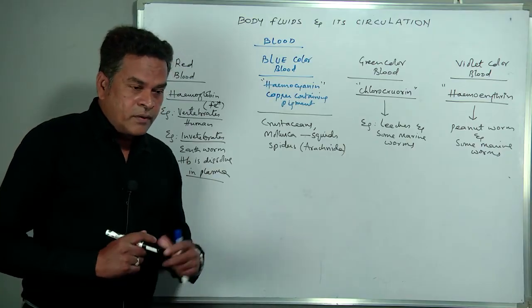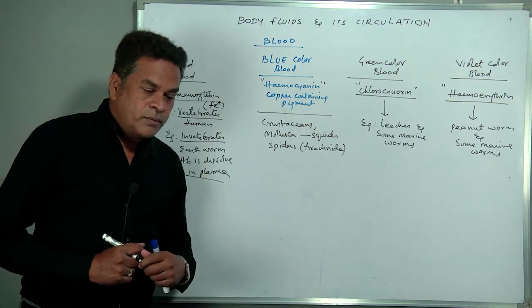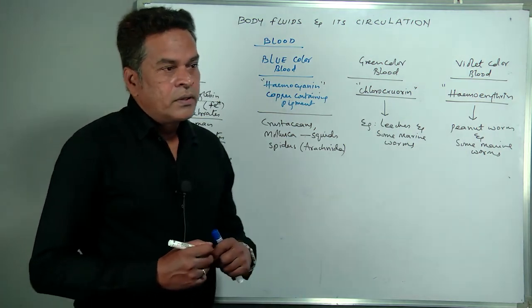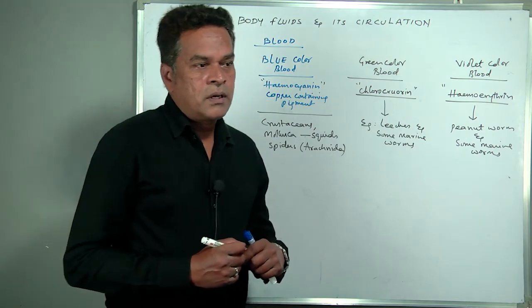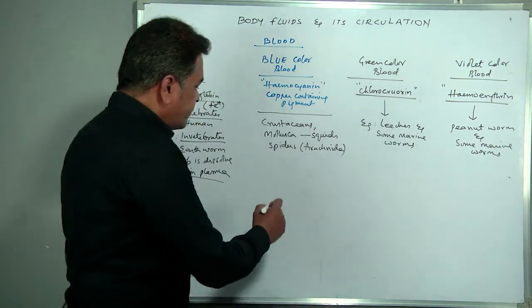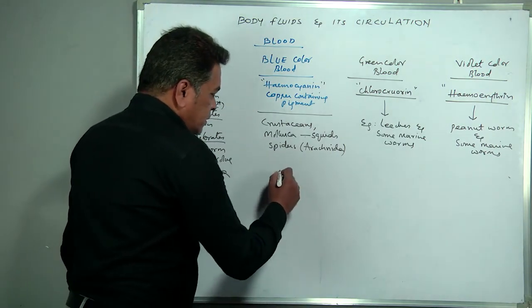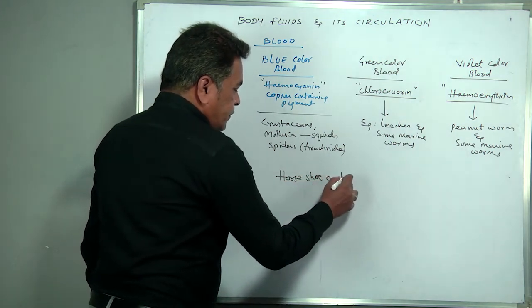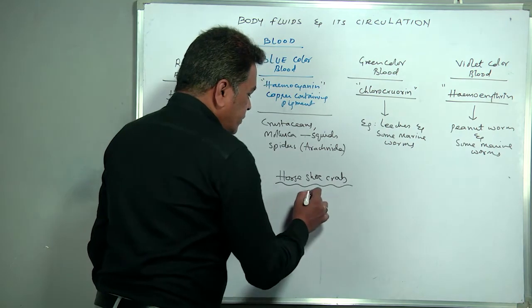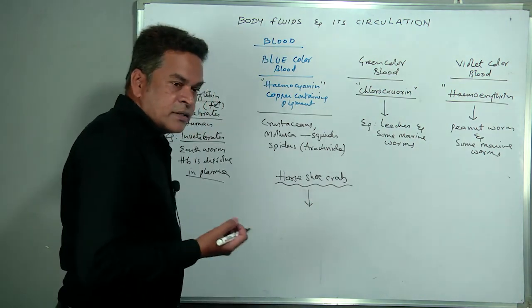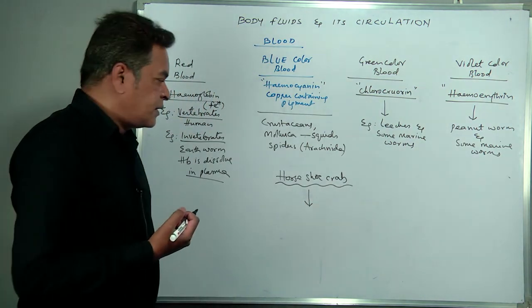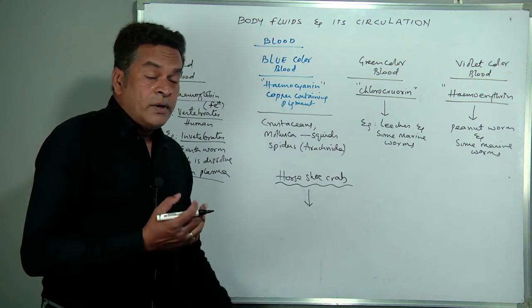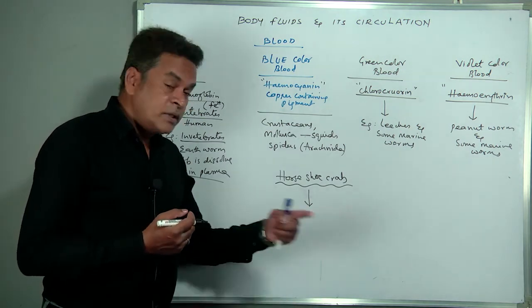One interesting point I would like to inform you: there is a horseshoe crab. From this horseshoe crab, a substance is extracted in a very large quantity. I will show the slides to you.